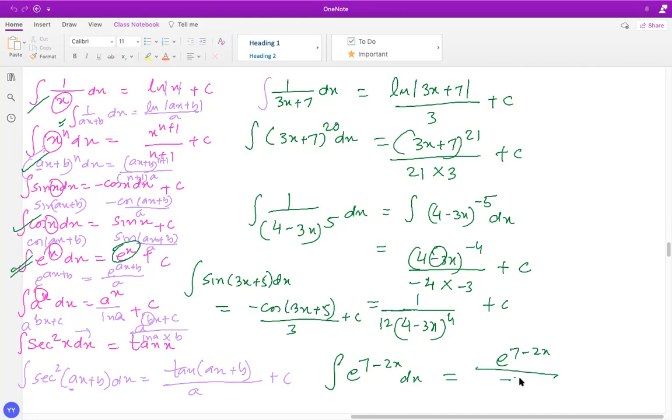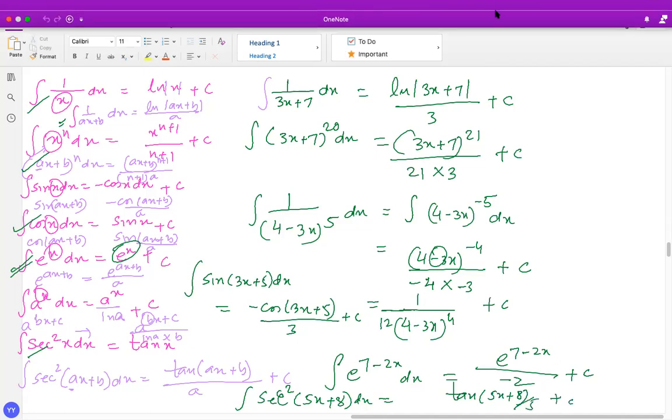But don't forget to divide by the coefficient of x here. Similarly, if you have the integral of sec square of 5x plus 8, it'll be tan of 5x plus 8 divided by 5 plus c. So these are the basic integrals when you replace x with another linear function.